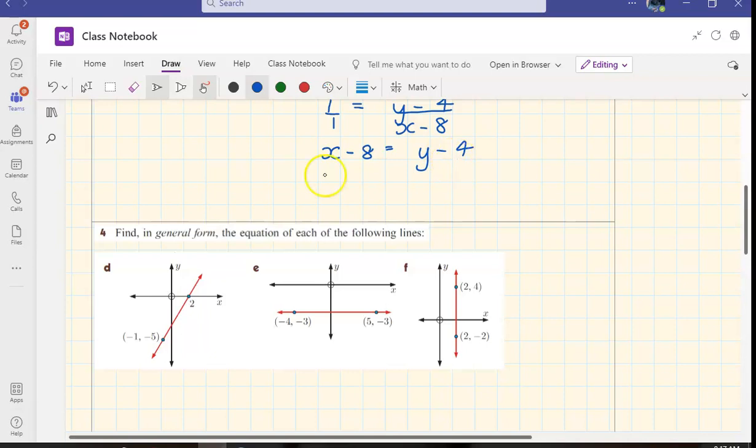To get rid of the take 4, you add 4. -8 plus 4 is -4. That looks a bit kooky, so that's the same as y equals X take 4. Agreed?